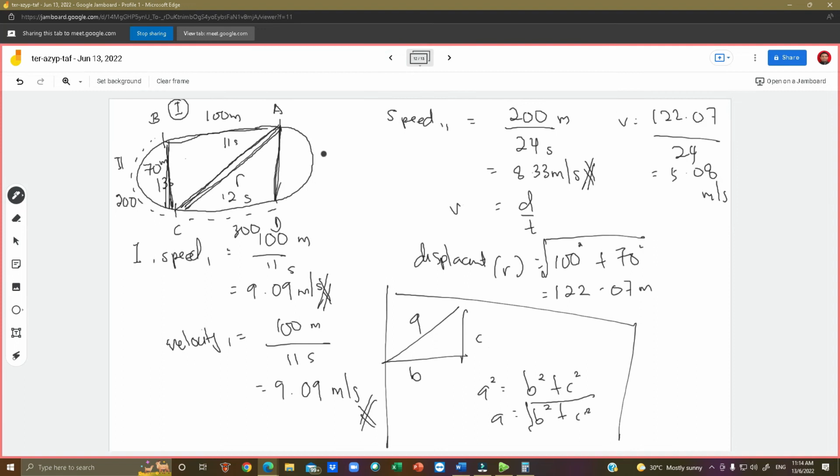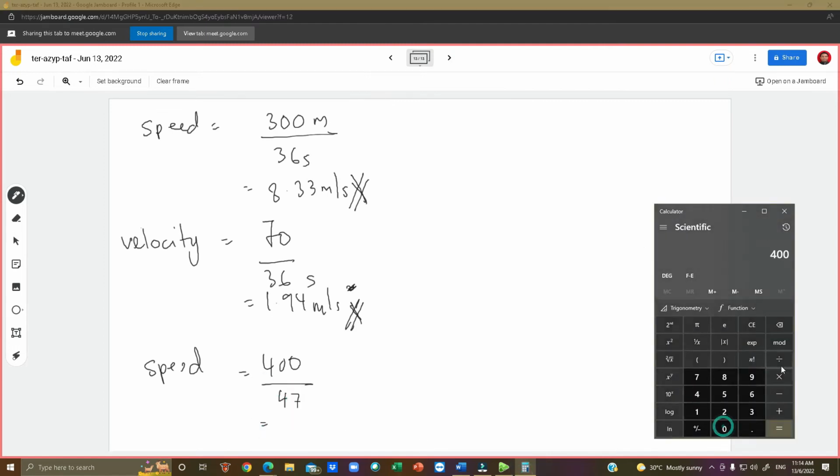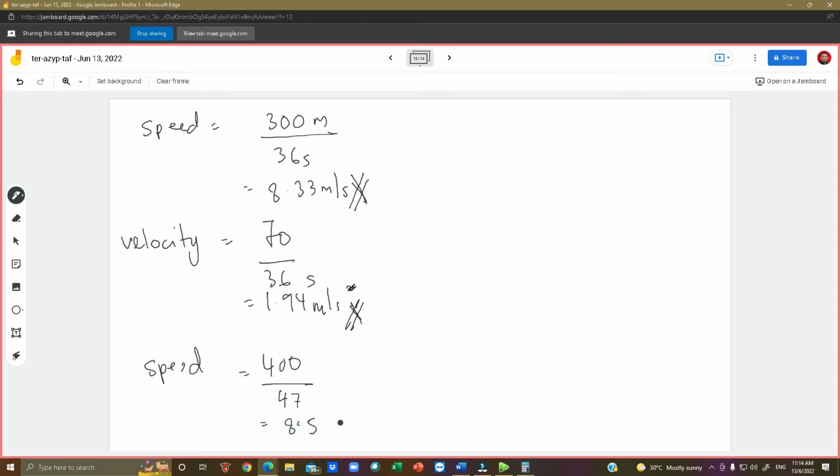Okay, this is the last one. Add another 100 and it becomes 400. Let's say here it is a bit faster, 11 seconds. So 36 plus 11 is 47. Okay, what is this one? 8.5 meter per second. And how about the final velocity?